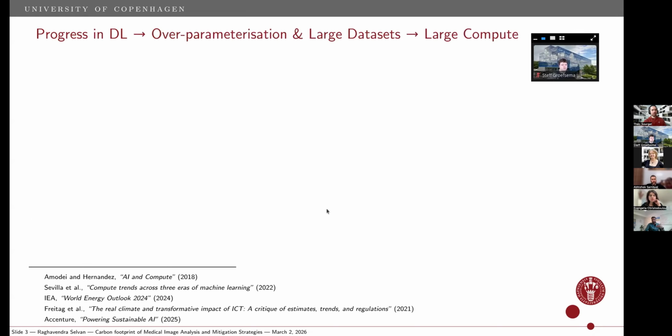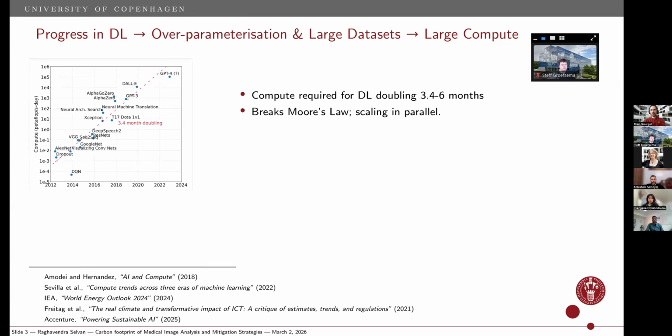Now, I think this is sufficiently established by now, but I have the take that all of the recent progress, recent meaning over the last 10 years or so, has been because of over-parameterization, using really large models on large data sets, which translates into compute.